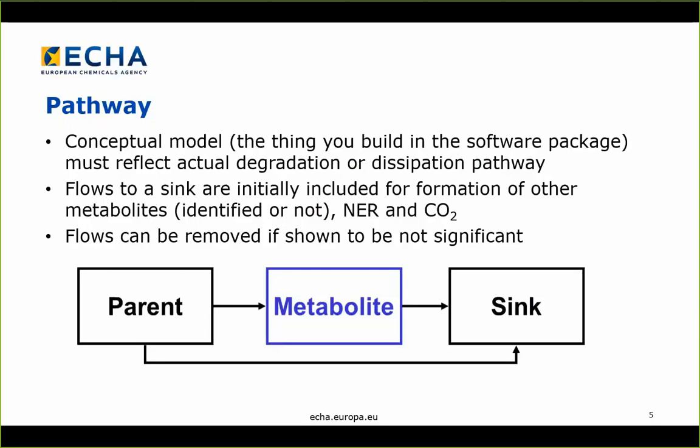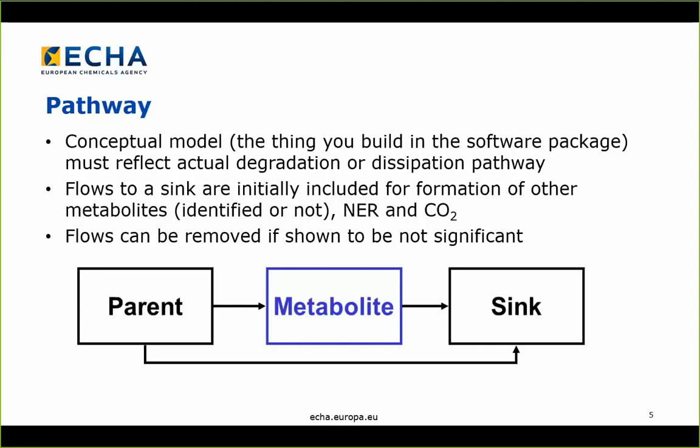When we build pathways, we retain those flows to a sink initially, and they can be included to cover formation of other metabolites. They might be minor metabolites. They might be ones that you identify or ones that you don't identify. That flow to a sink can also cover formation of non-extractable residues and CO2.